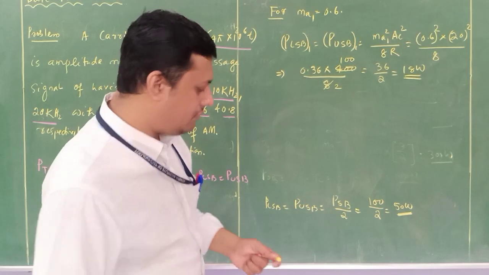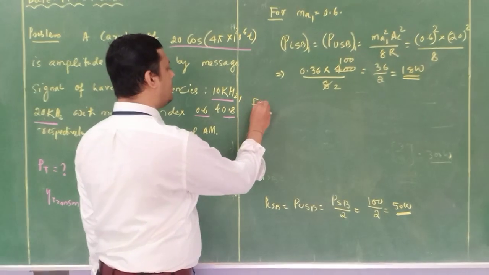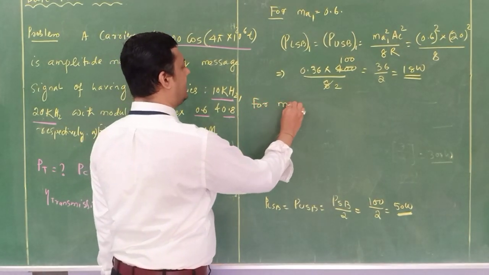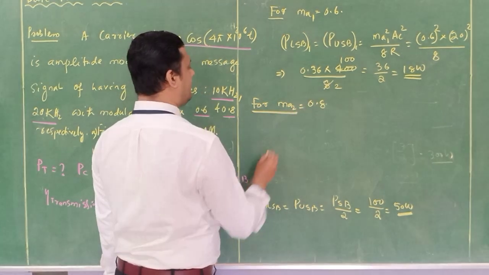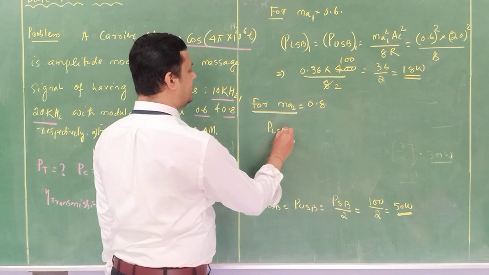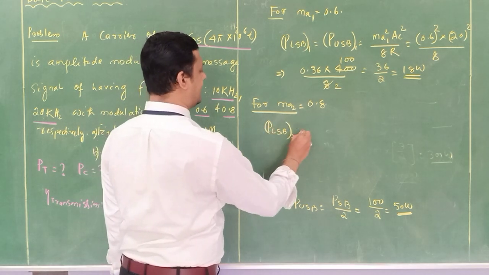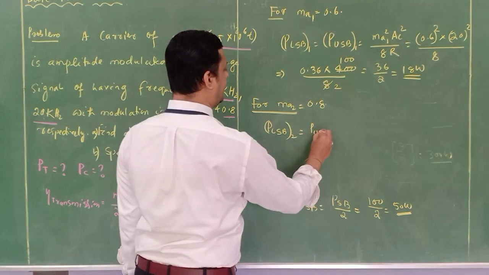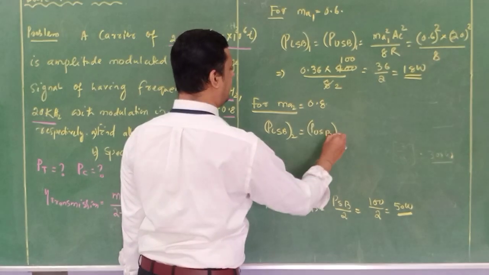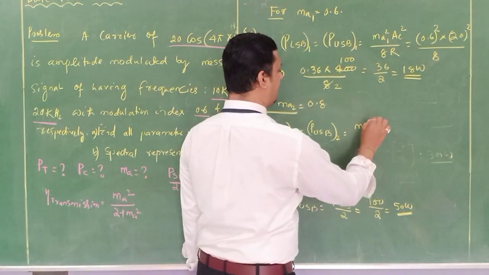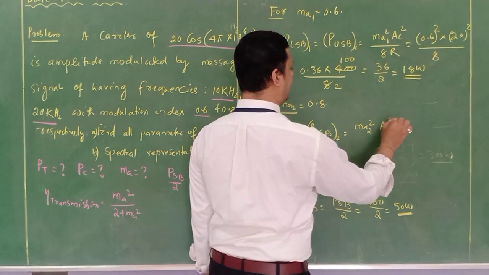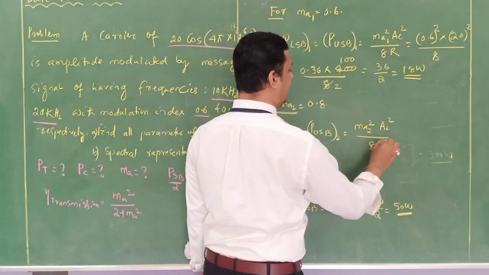Same steps we are going to follow. The power content in the LSB and USB for the second signal equals Ma2 square into AC square divided by 8R.